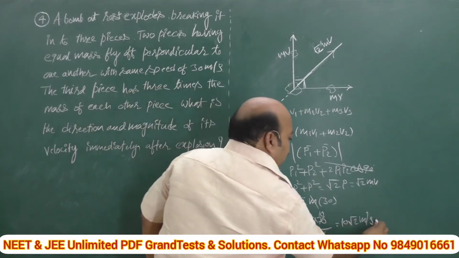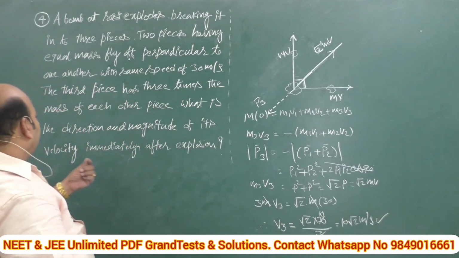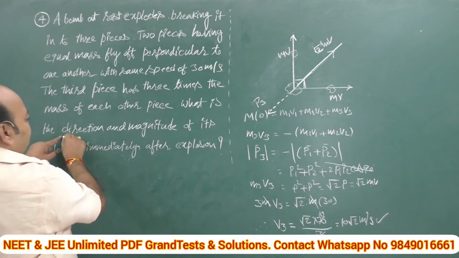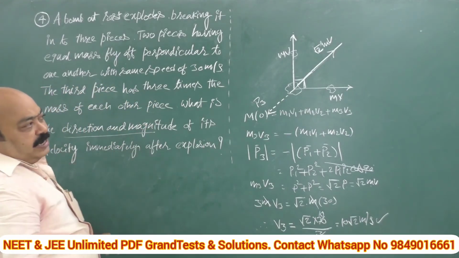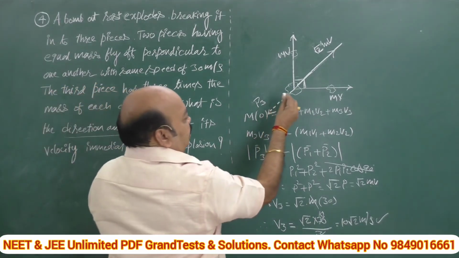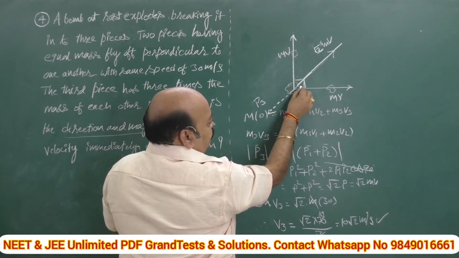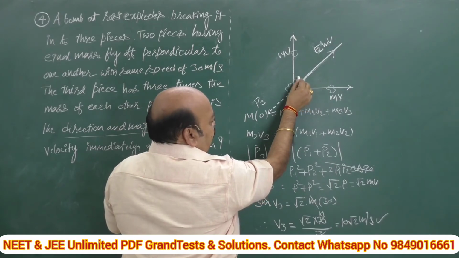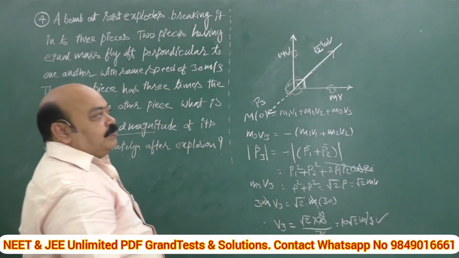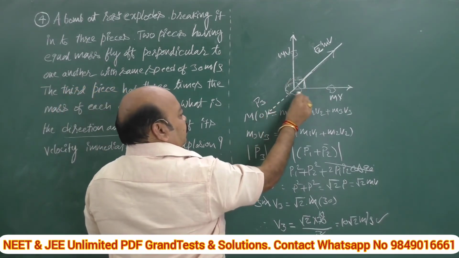So its value is 10 root 2 meter per second. And one more question is hidden in this. What is the direction? Very simple, you can write with whom the direction is. It is clear. They are making 90, so half is 45. So totally this becomes 135 to this one, or this one.